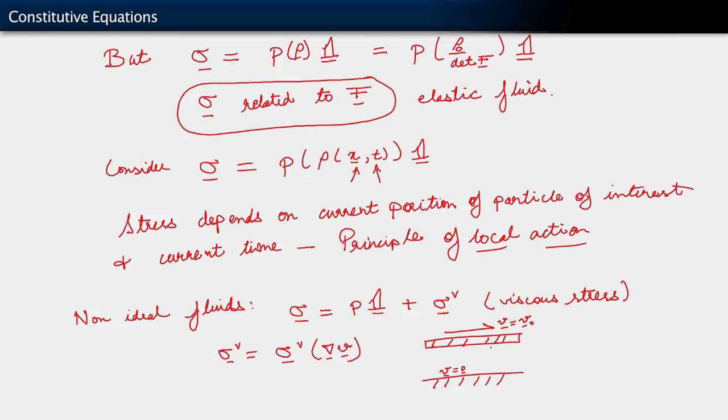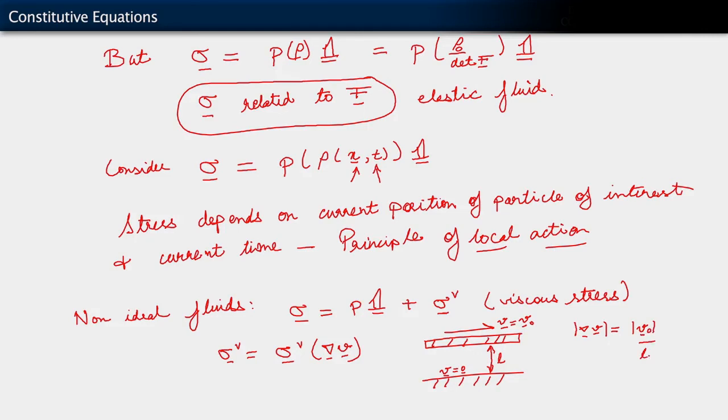If that distance is L, there's a velocity gradient set up here, and the magnitude of the velocity gradient can be written as the magnitude of V naught divided by L.